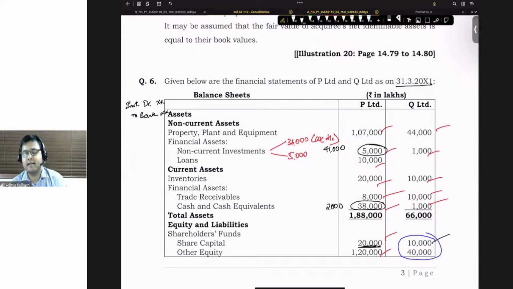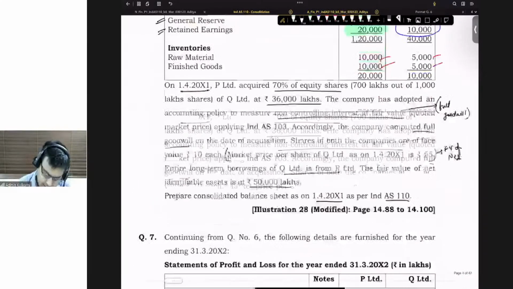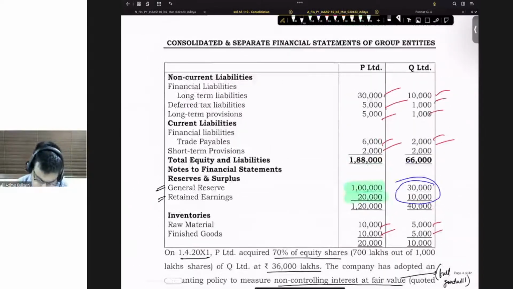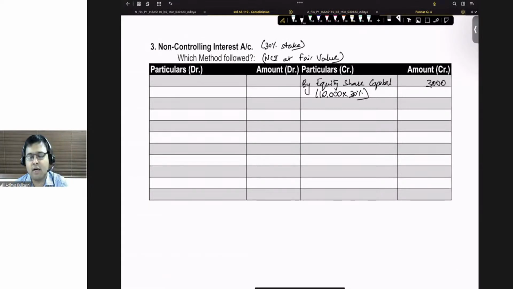Now the only thing that is left is other equity, or what you call reserves of the subsidiary. So we are given this data. The general reserve is 30,000 and retained earnings 10,000. So let us proceed to do the analysis of the reserves. Working note 2, working note 3 is done.